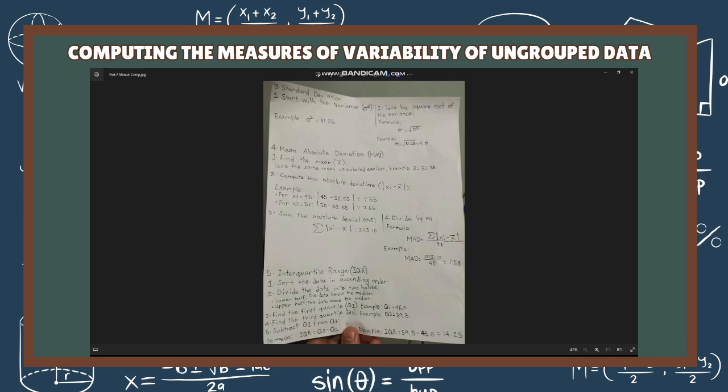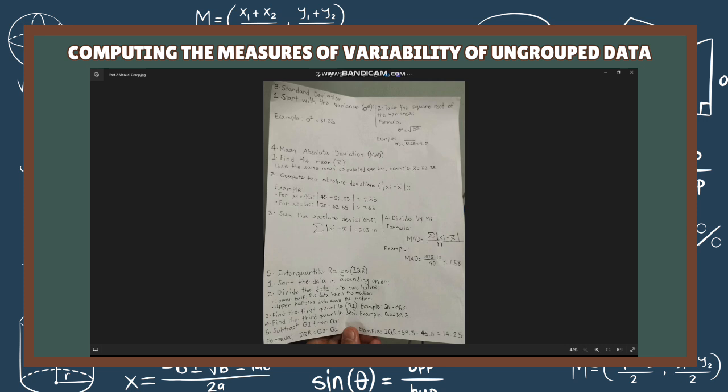So lastly, interquartile range or IQR. Interquartile range measures the range of the middle 50% of the data, making it resistant to extreme values. Steps. Step 1, sort the data in ascending order.